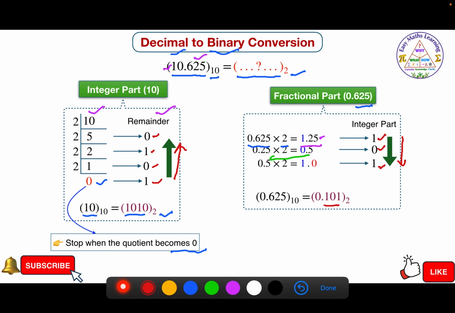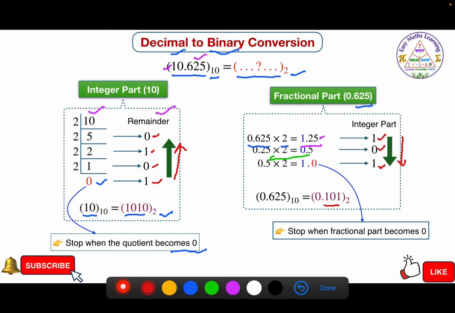So for fractional part conversion, important rule is stop multiplying by 2 when fractional part becomes 0. Okay, so this is very important to know when we need to stop dividing by 2 in integer part and when we need to stop multiplying by 2 to a fractional part.